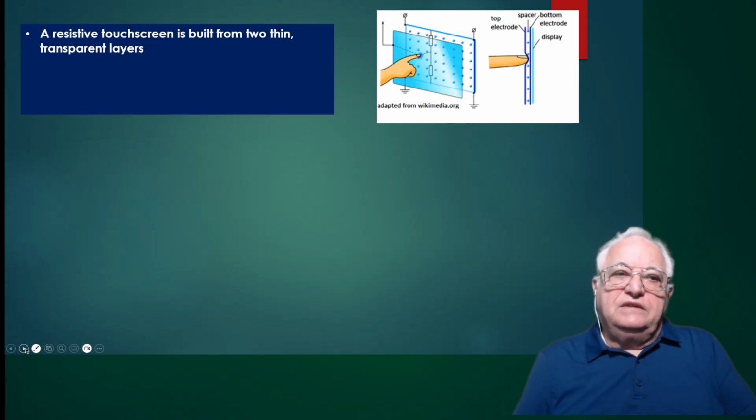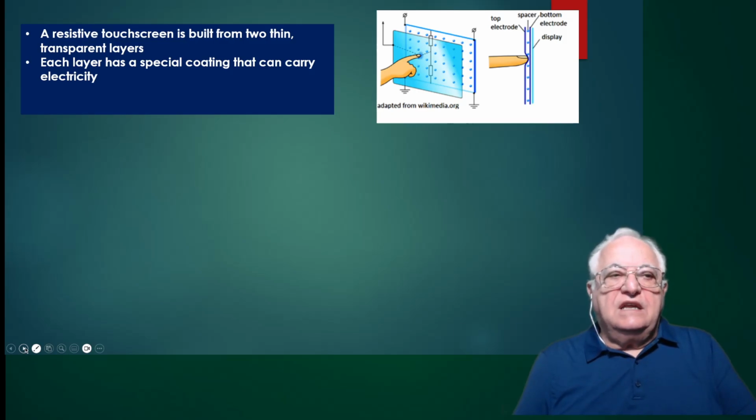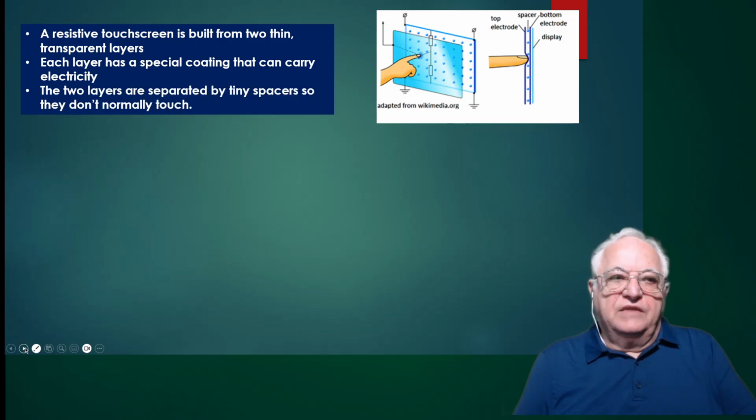So a resistive touch screen is built from two thin transparent layers. Each layer has a special coating that can carry electricity. The two layers are separated by tiny spacers so they don't normally touch.